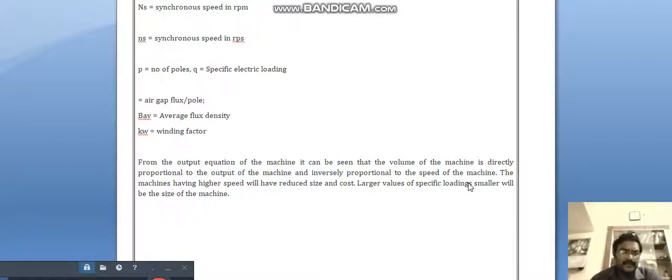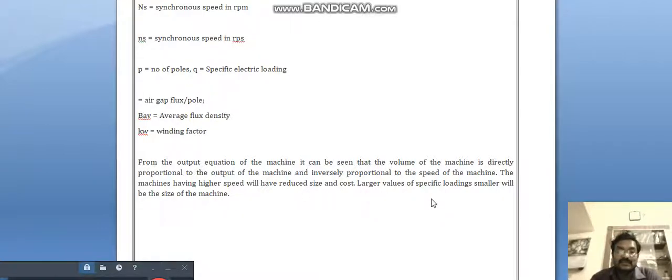If you want a big size machine, then the speed will be very low. Machines having higher speed will have reduced size and cost.